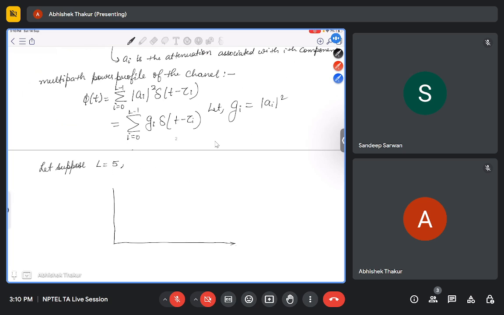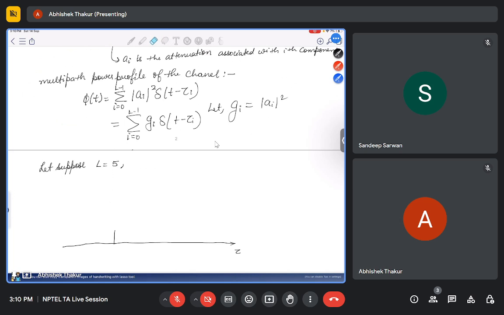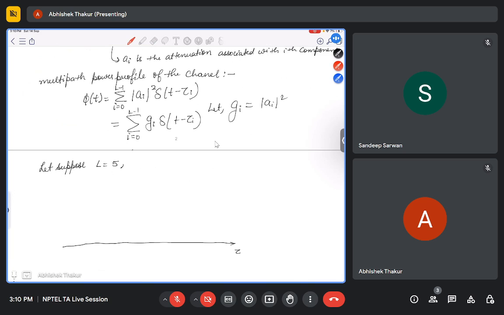This is our x-axis with tau. Let's suppose at t equal to tau_0 the first multipath signal arrives.